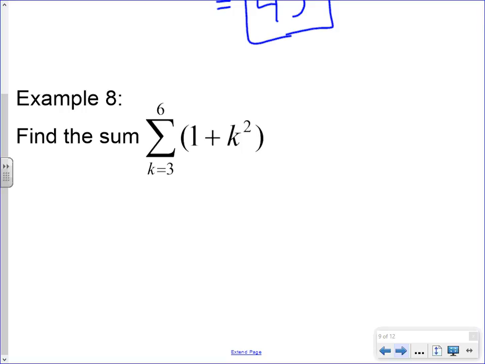Just so that that is the set. When you have your sum, compare it to a neighbor.